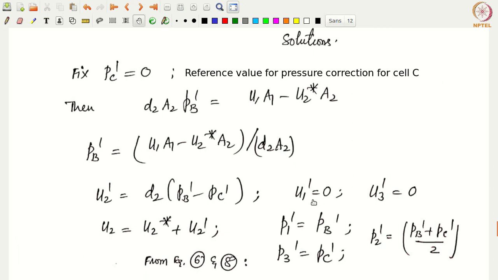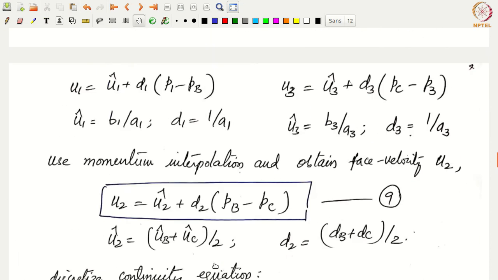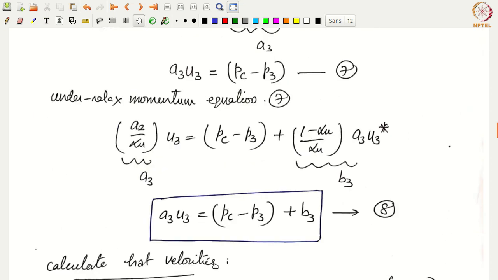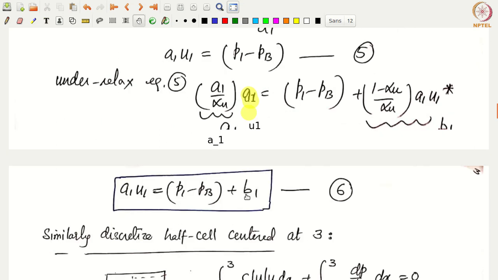And we also know that our boundary conditions are given for phases 1 and 3, right? U1 is given as some value and U3 is given as some value. As a result, there is no correction for U1 and U3. So U1 prime equals 0 and U3 prime equals 0. So if you go to equations 6 and 8, where U1 primes are related, essentially we are talking about this one. A1 U1 equals P1 minus PB plus B1.